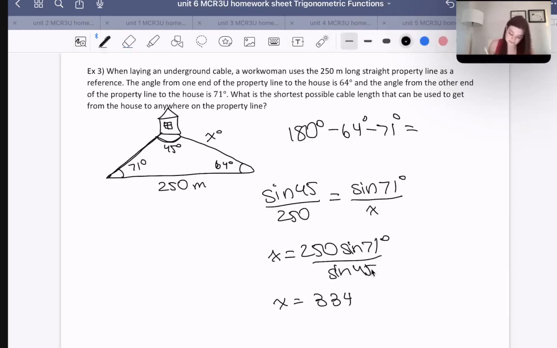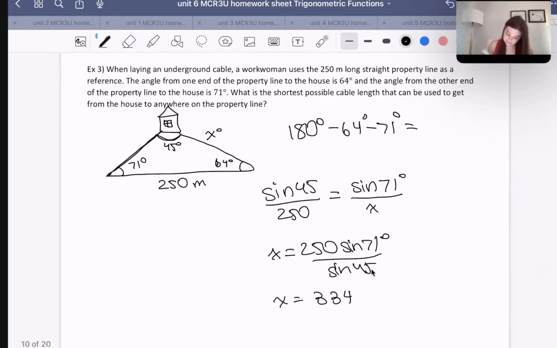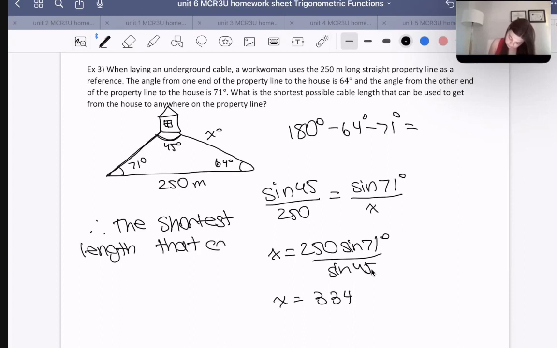So this answer is indeed the correct answer there. So therefore, the shortest length that can be used is 334 meters.